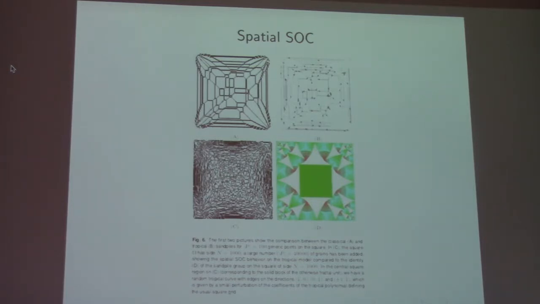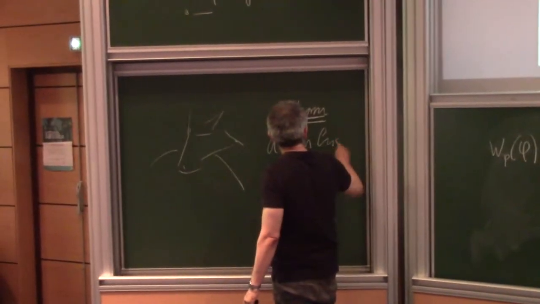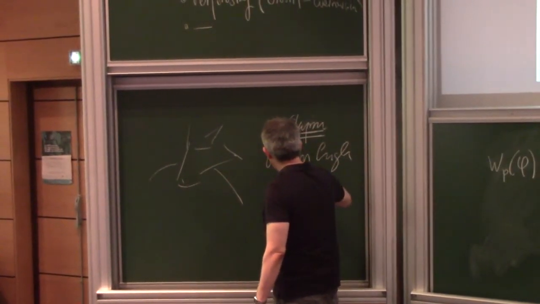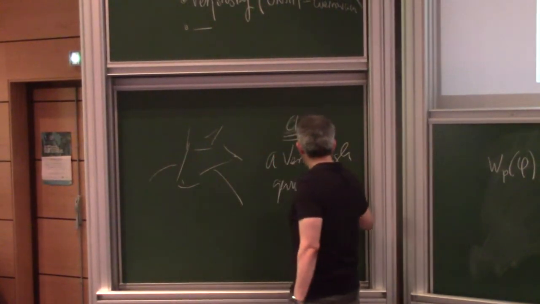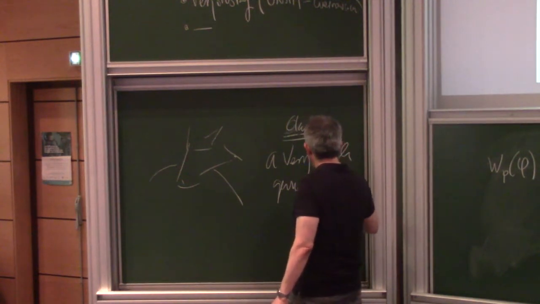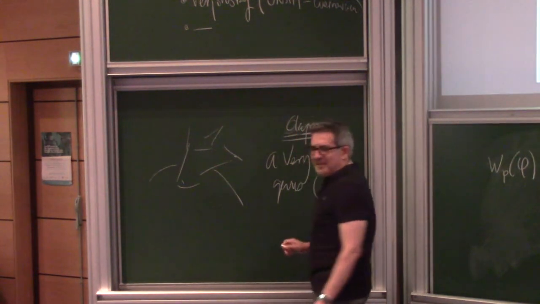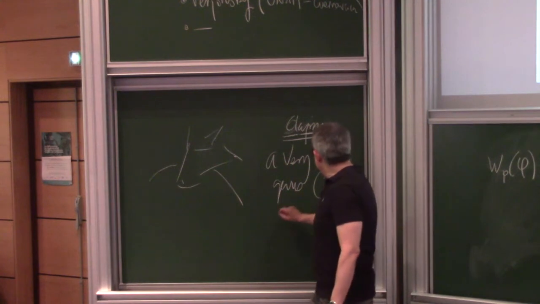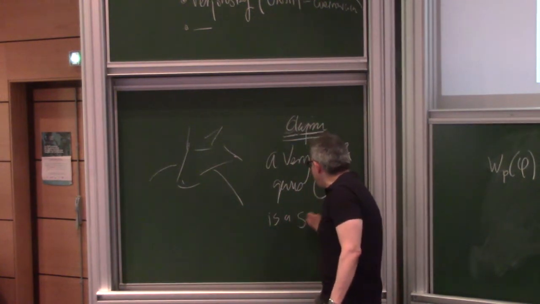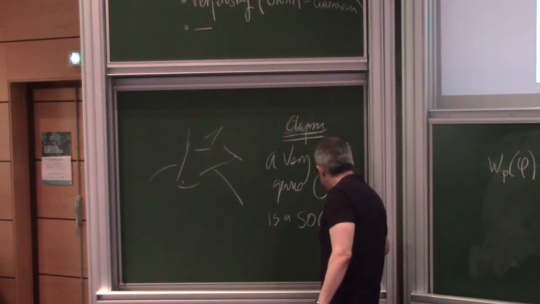The claim is a conjecture, or whatever: a very high genus curve is a self-organized critical system.